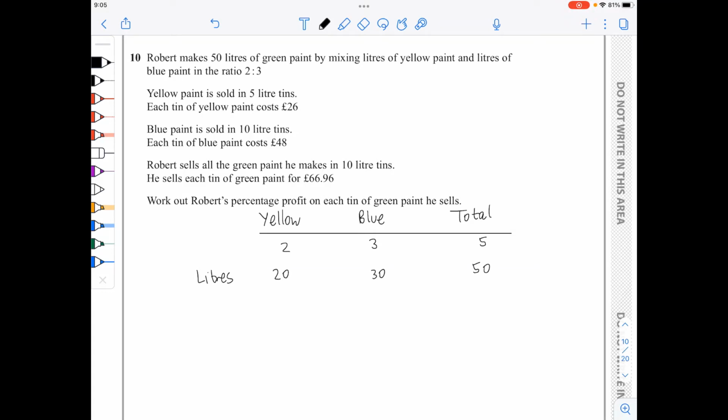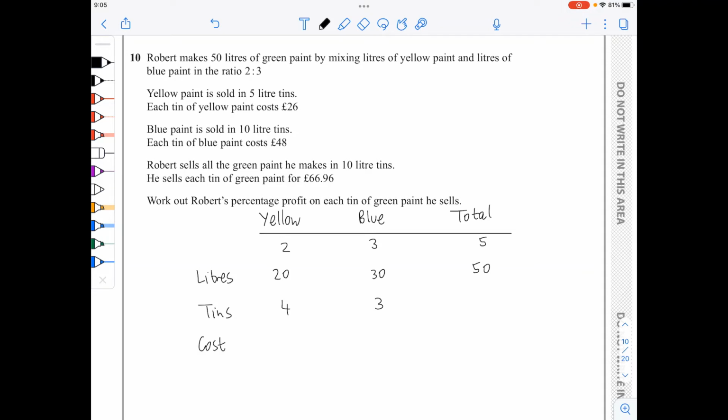Now, in terms of the number of tins, the yellow paint is sold in tins of 5 liters, so we want 4 tins of yellow paint, and the blue paint is sold in 10-liter tins, so we need 3 blue tins. What is the cost now?